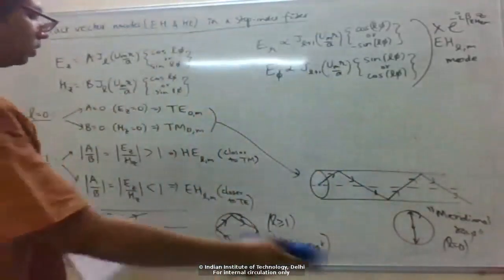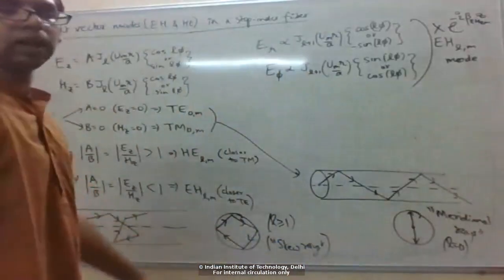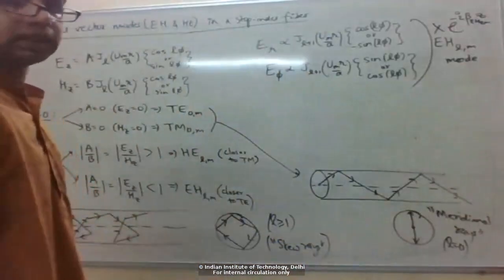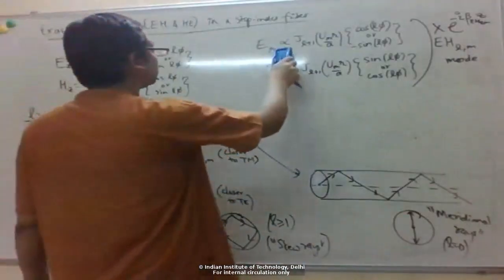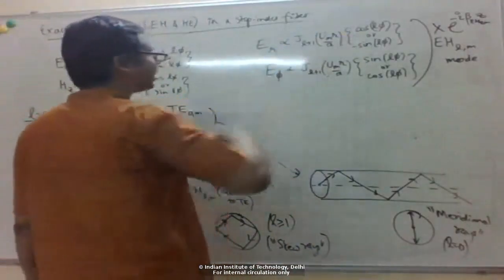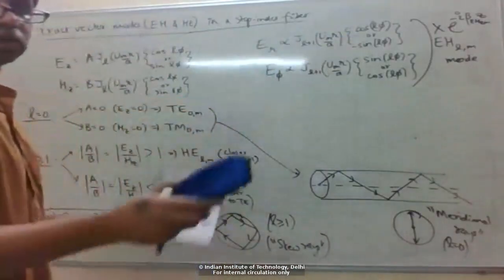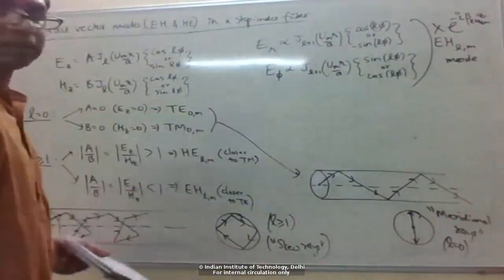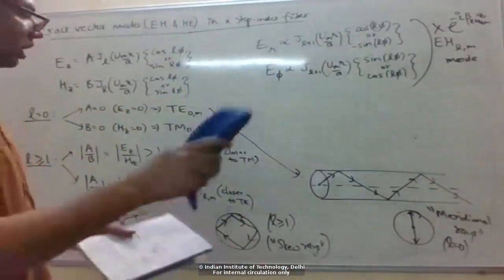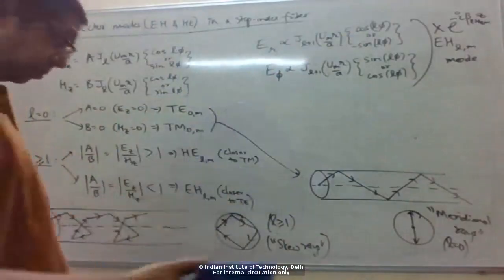In the LP modes, we sort of assume the solution to have a uniform polarization everywhere. But here you can see that E_r is position dependent, E_phi is position dependent, right? So the electric field vector, the direction in which it is pointing, will also be position dependent. So the polarization will be inhomogeneous.